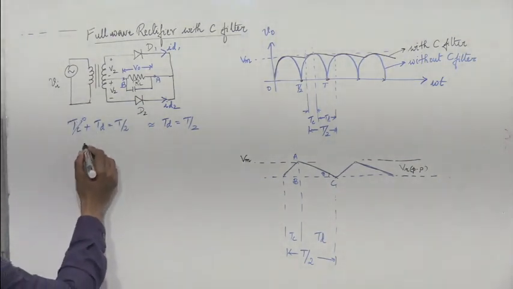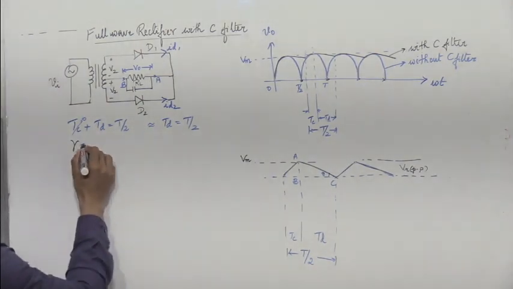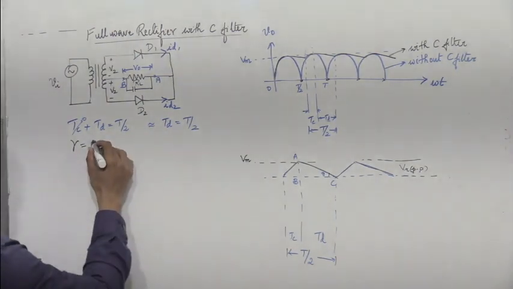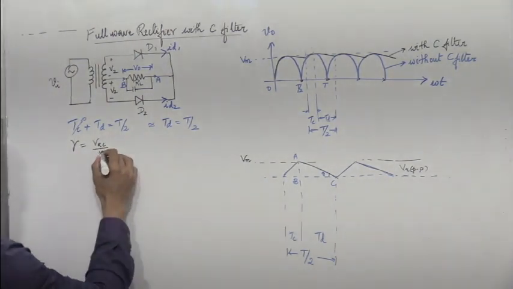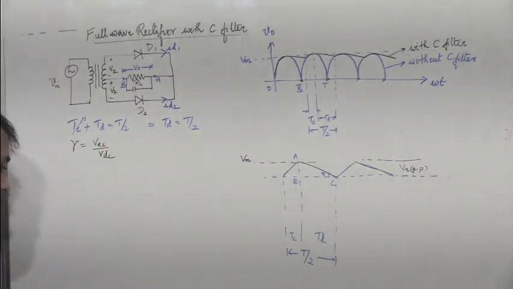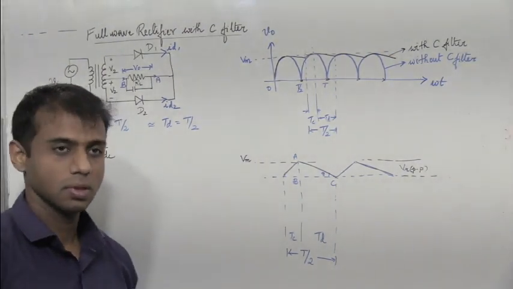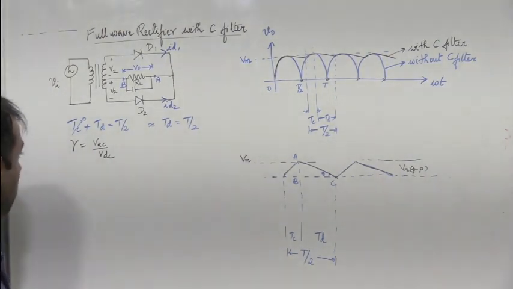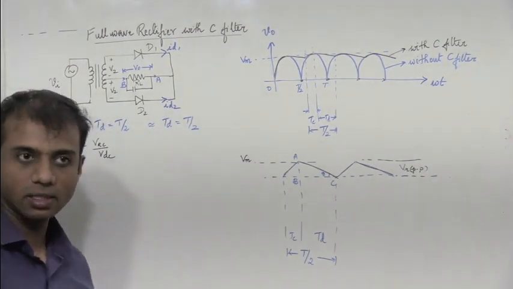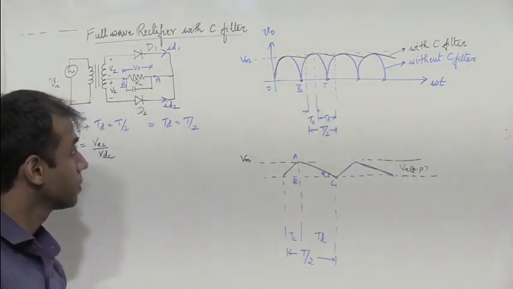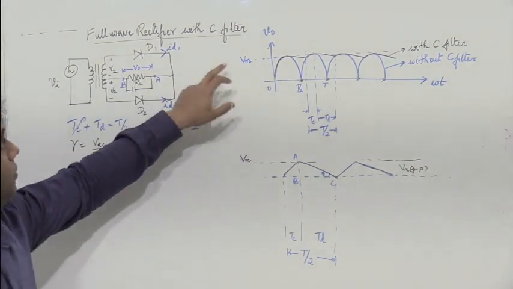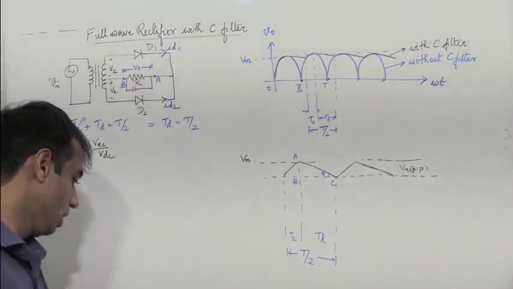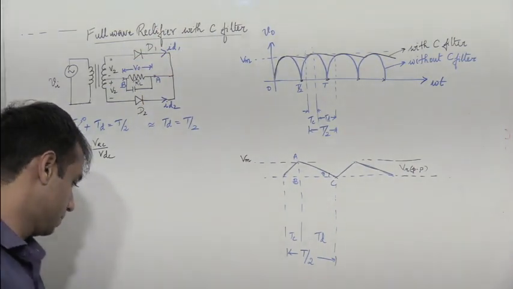deriving the ripple factor. So the ripple factor is VAC by VDC. So we need to find gamma, the ripple factor, for the output of a full wave rectifier with capacitor filter.